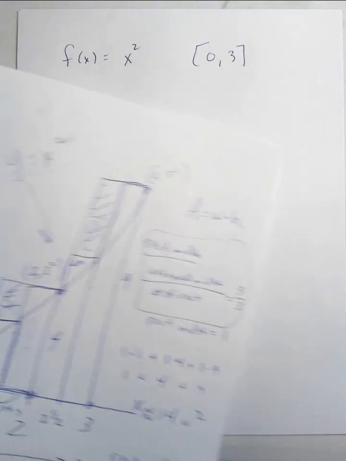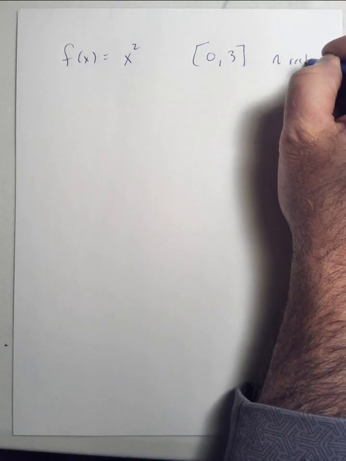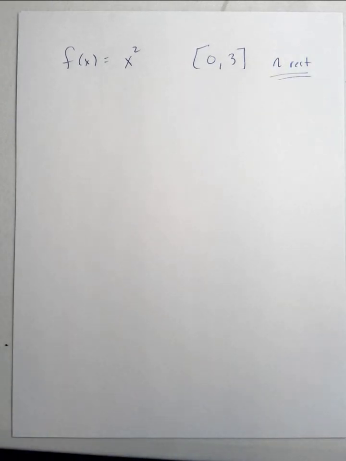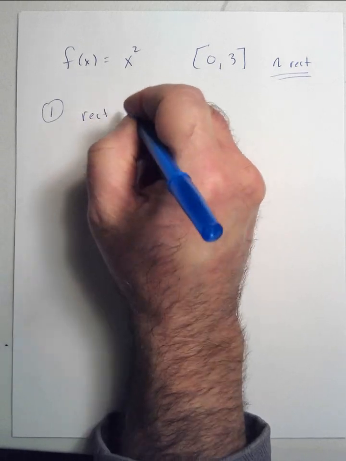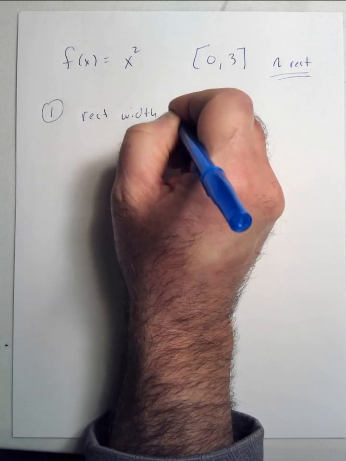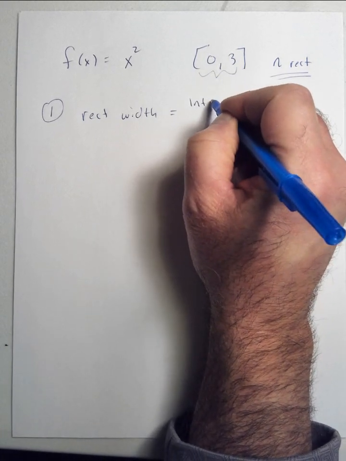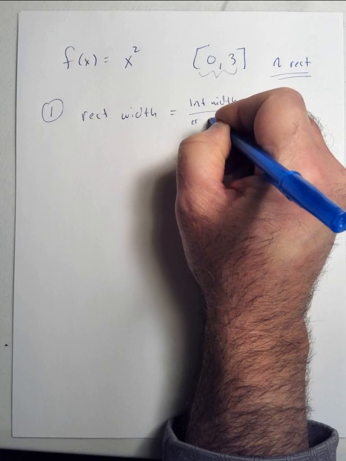Okay, so again, let's see how that process works. We're going to look at just what happens when we have n rectangles. We're going to do this in general. So, first of all, what is your rectangle width? Again, my interval width over your number of rectangles.